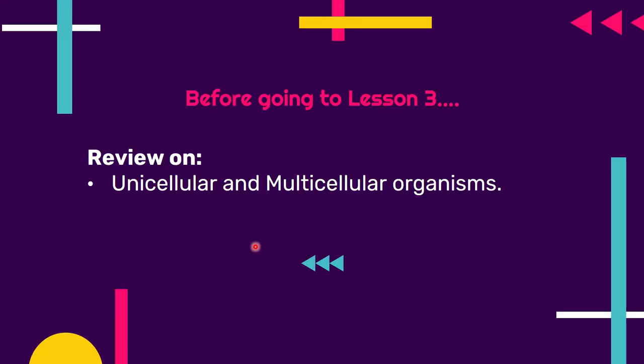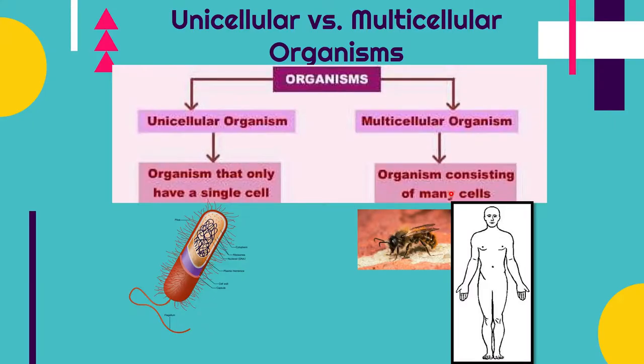But before going to lesson 3, or our first lesson for this pre-recorded lecture, we will review on unicellular and multicellular organisms. So what is the difference between a unicellular organism and also a multicellular organism? For unicellular organism, it is very obvious from the name itself or from the term itself.